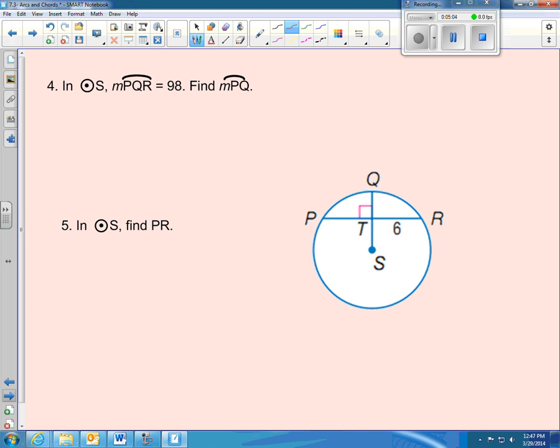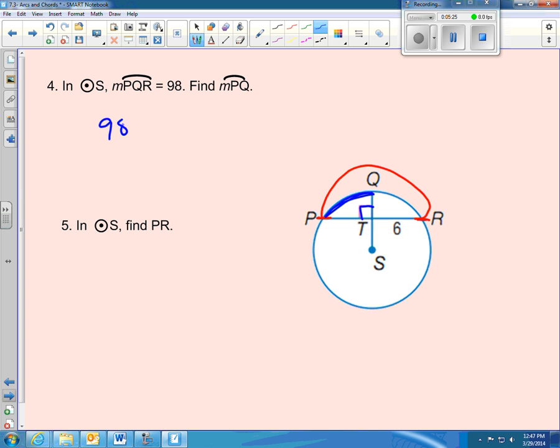In circle S, the measure of arc PQR is 98 degrees. So that's from here to here. Find PQ. We want to know what just part of this is. Because of this perpendicular bisector here, we know that it is going to be half.